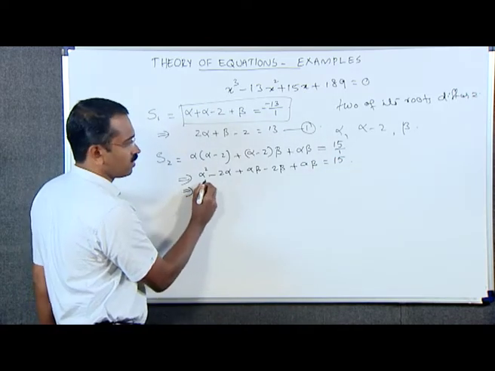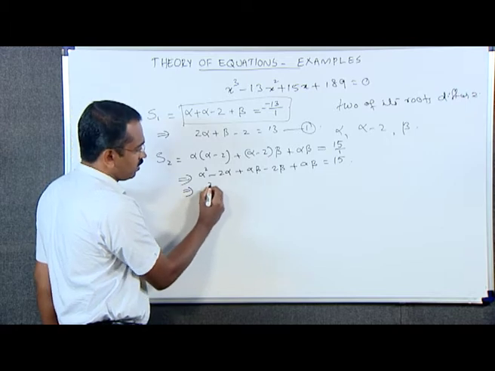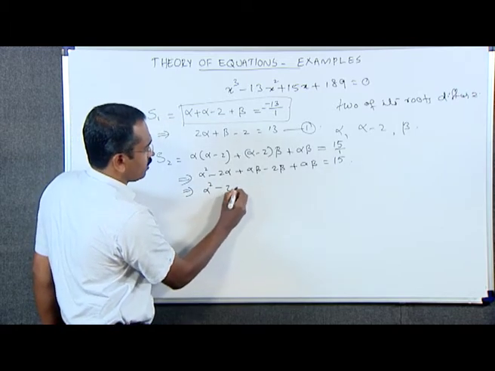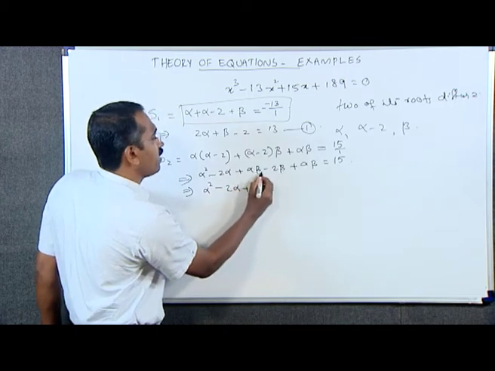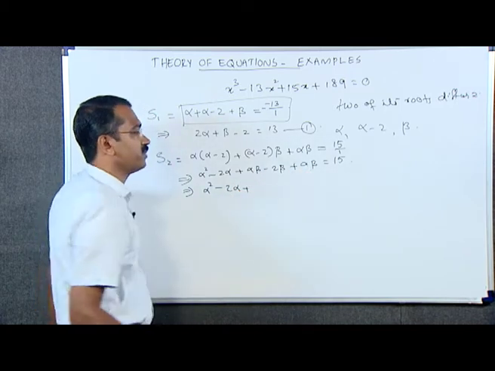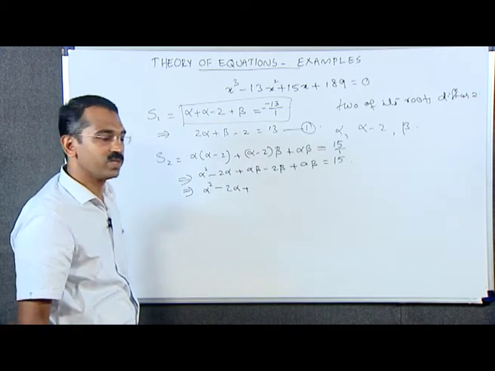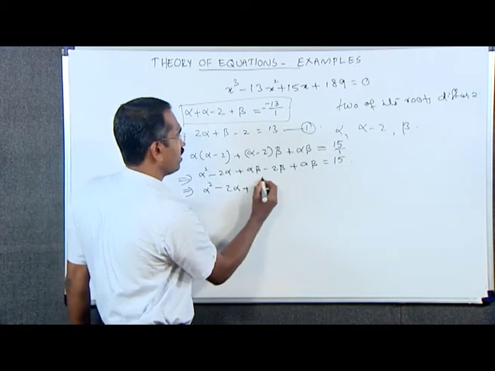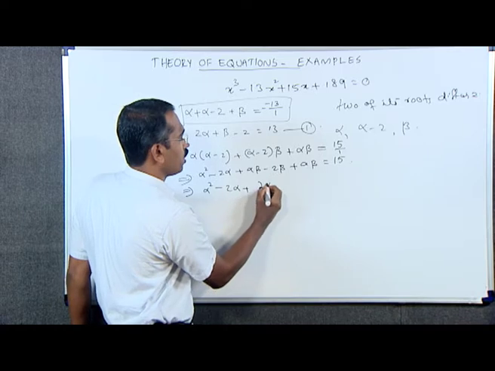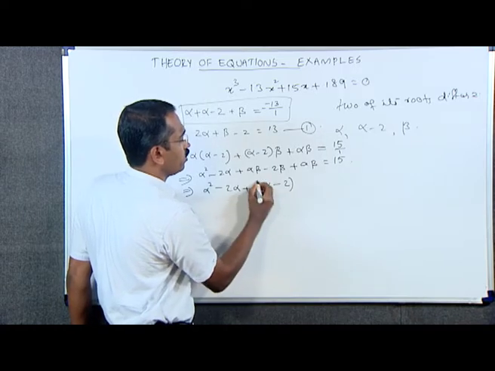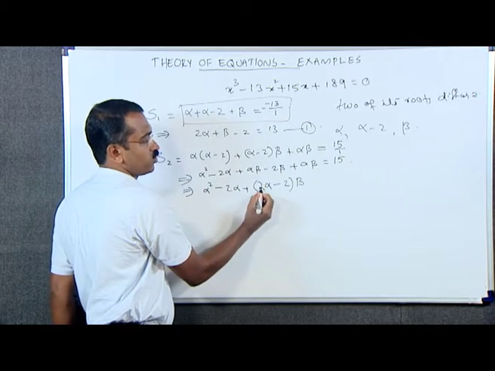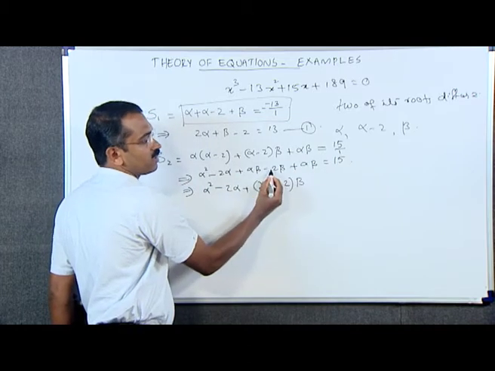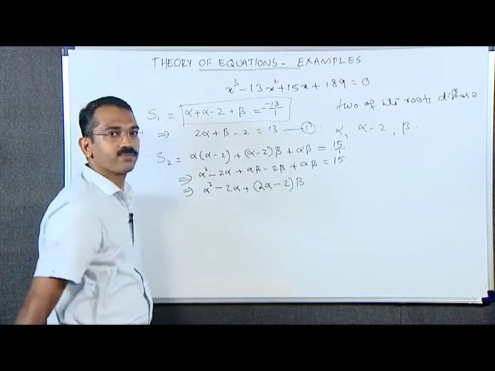That is alpha square minus 2 alpha plus, here alpha beta plus alpha beta means 2 times alpha beta. Therefore, we can write 2 alpha minus 2 into beta, because alpha beta plus alpha beta is 2 times alpha beta, then minus 2 into beta.